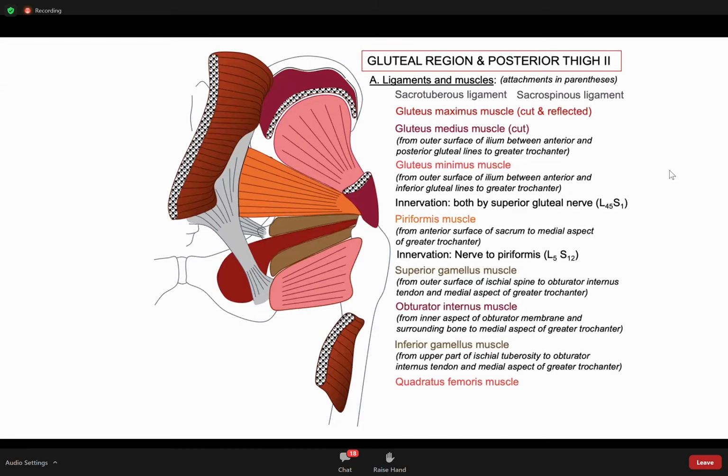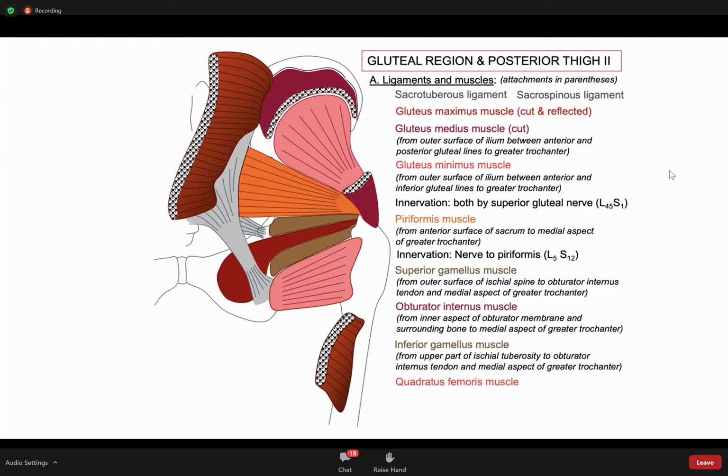A quadratus of the femoral region is called quadratus femoris. A quadratus of my forearm is called pronator quadratus. A quadratus of my abdomen, also, quadratus abdominis. So we have this word quadratus used at different places, but you should be able to identify them.